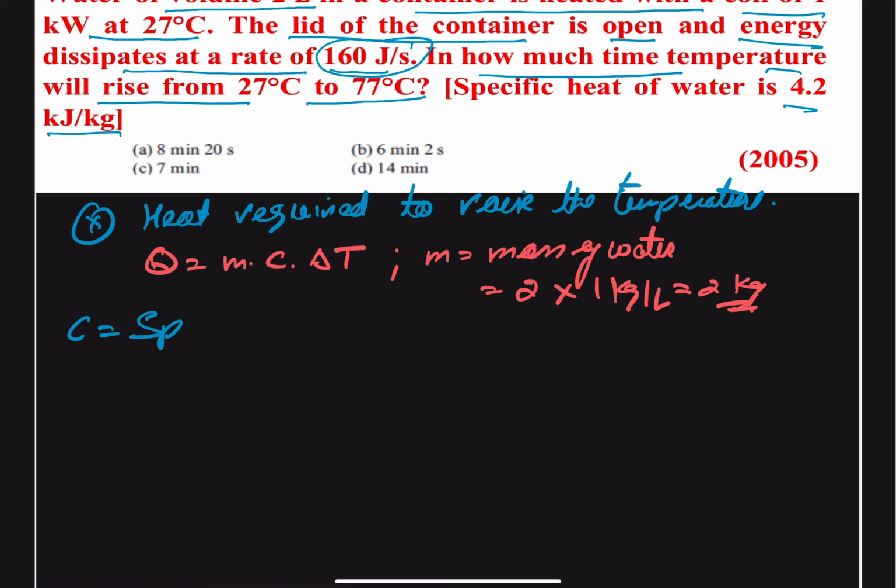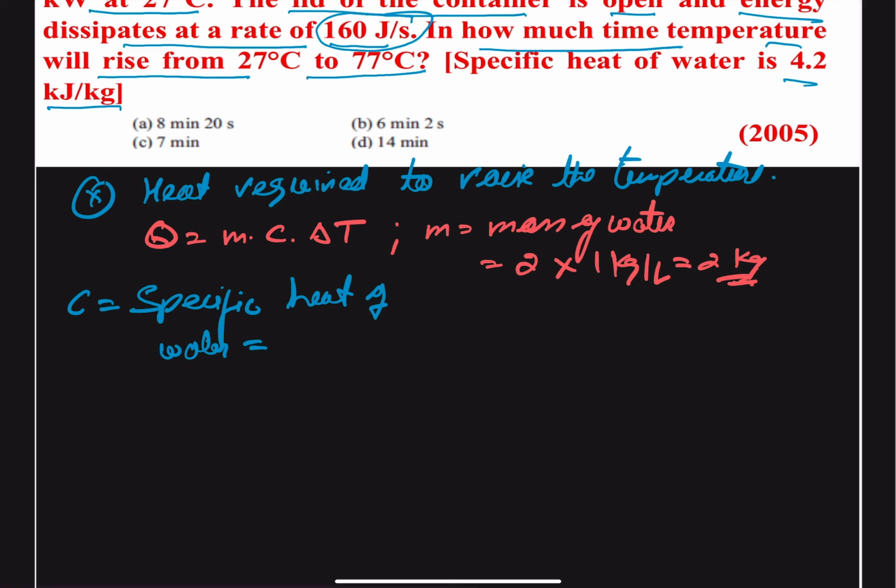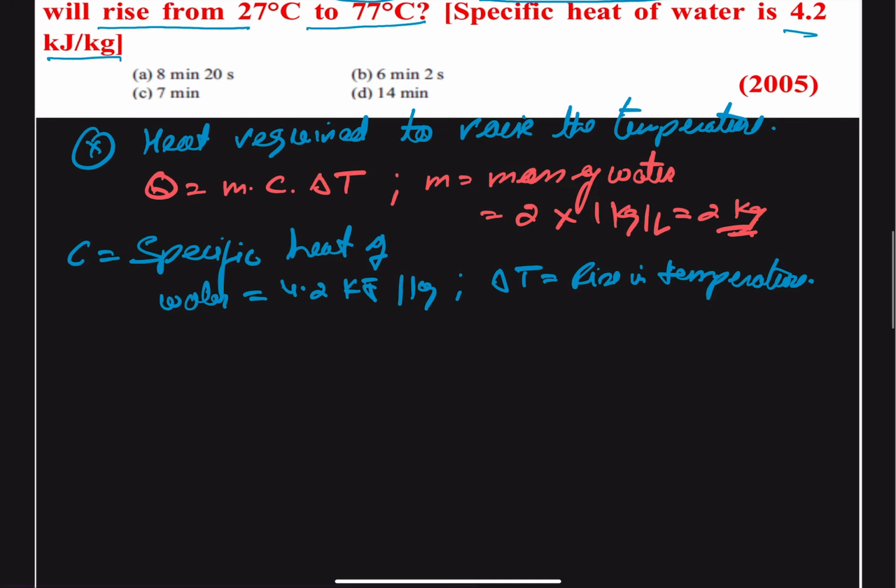C is the specific heat of water, which is already given to us as 4.2 kilojoule per kg, and delta T is the rise in temperature, which can be calculated as temperature final minus temperature initial.